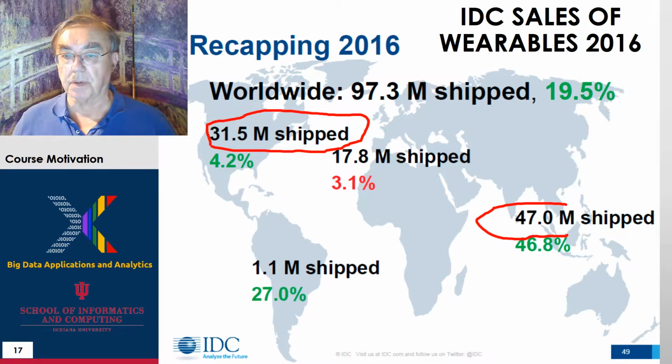I said, oh, that's sort of plausible, but 31.5 is not 4.2% of 97.3 million. 47 is not so far off, 46.8. It's not the same, but it's nearish. So let's ignore the percentages. Maybe somebody can think of what they could be. But you can see reasonably broad interest in wearables, with particular interest in Asia and the North American continent.